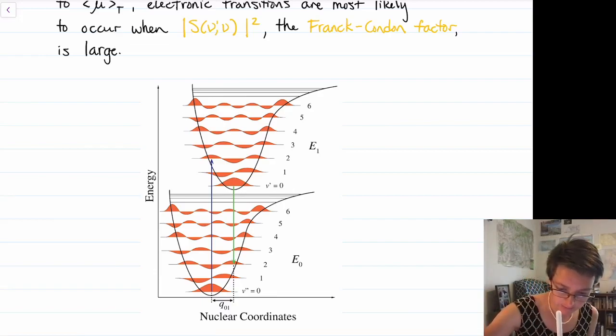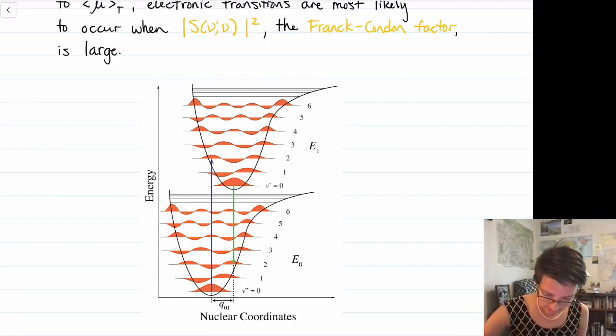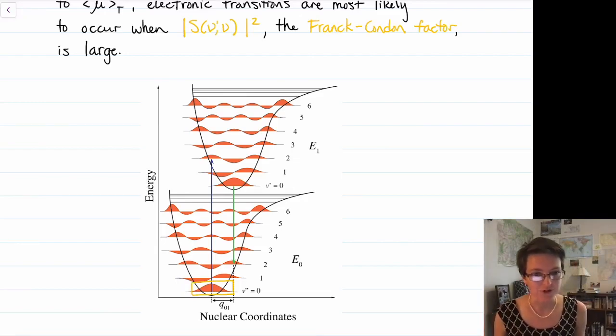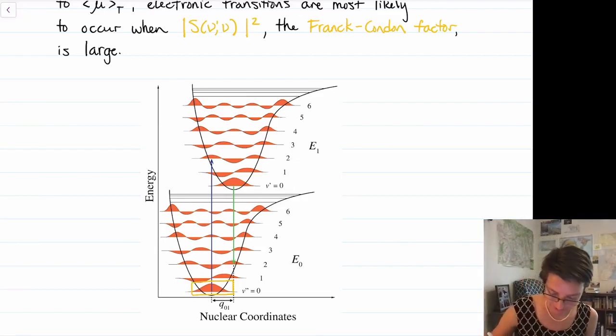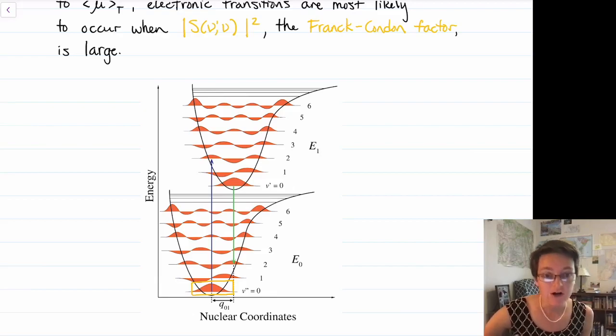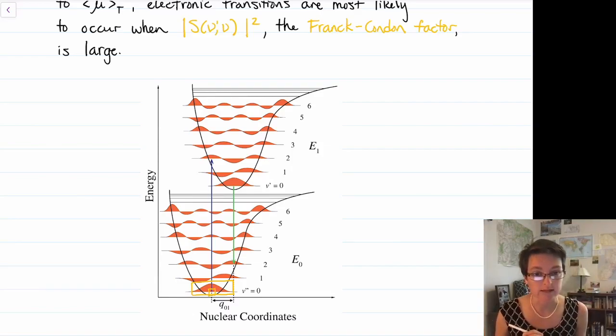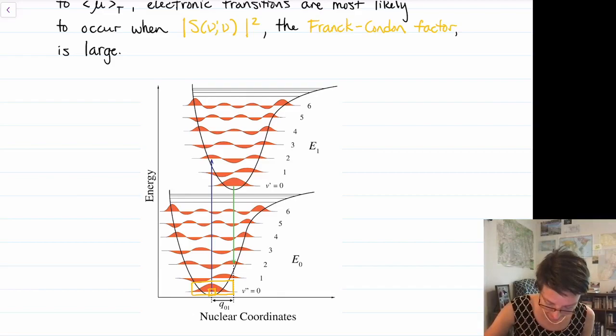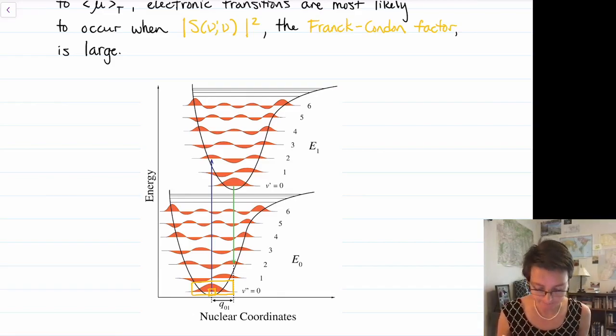What the Franck-Condon principle means in practice is that if we're starting off in our vibrational ground state, and at room temperature we are going to start off in the vibrational ground state, our wave function and our probability of the molecule being is large at this coordinate right around here. So our starting nuclear coordinate is most likely to be where the wave function has its largest value.